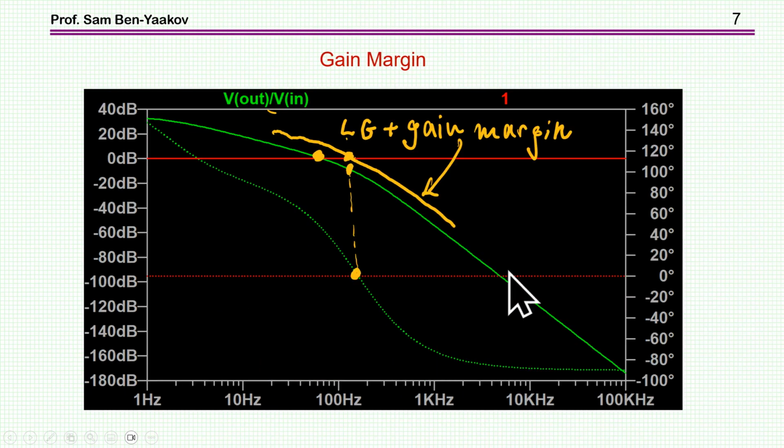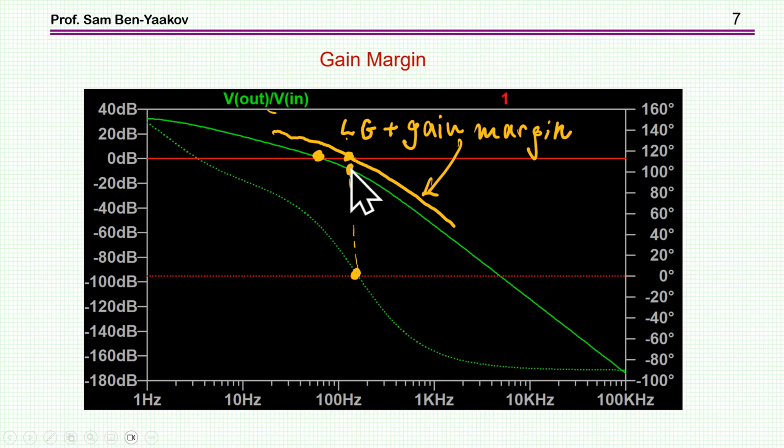So what it really means is the following. If I have a system and this is the gain margin and this is the 0 degrees, what it means is that if the gain of the system will increase and the whole line here, the loop gain, will be shifted upward due to this gain, then if it will be shifted by a gain of this distance, the system will be unstable because then the phase margin is zero.